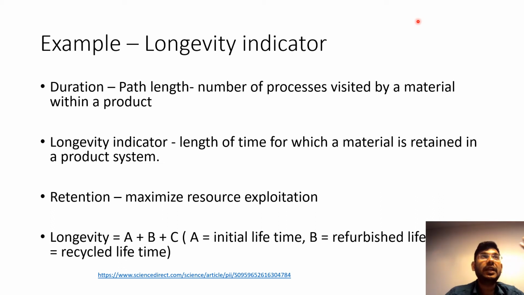So it's essentially trying to understand how long something stays within these bounds of these loops, okay? And what is the retention of the value of this product? And if circular economy is all about maintaining these products inside these loops, then the longer the longevity, the more circular it is intrinsically. So that's the idea behind developing such an indicator, okay?